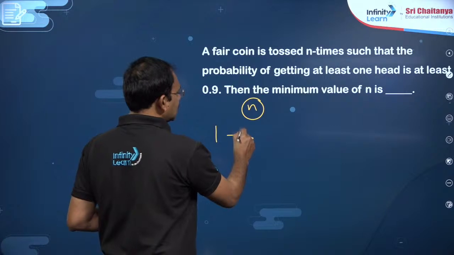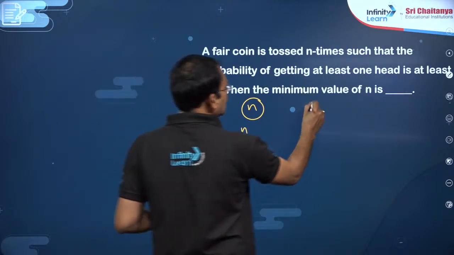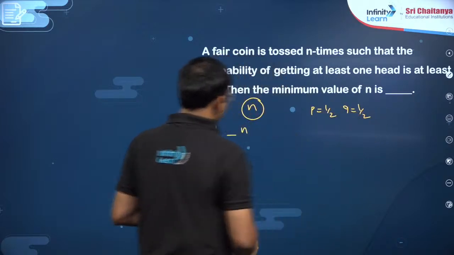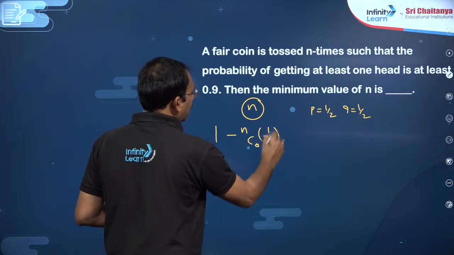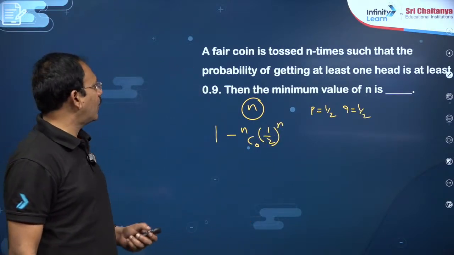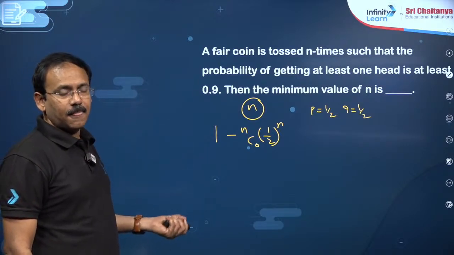Suppose when a coin is tossed, success is getting a tail 1 by 2, head also 1 by 2. So nC0 into 1 by 2 to the power of n. You see, my dear friends, writing this in an equation itself is important.